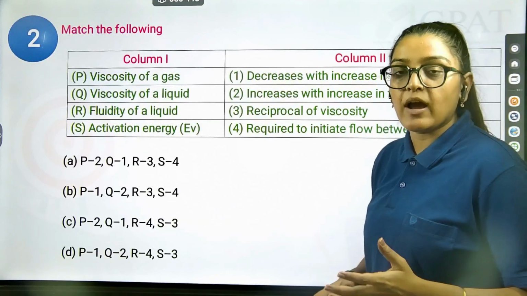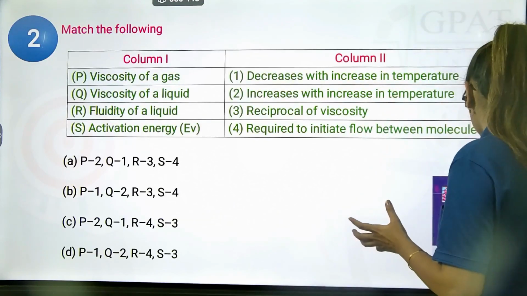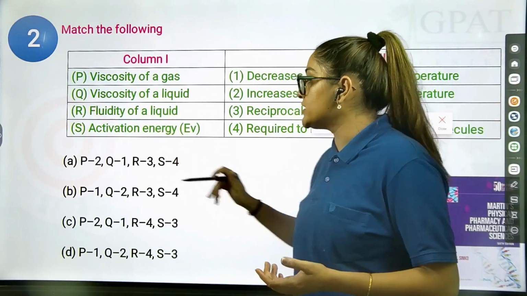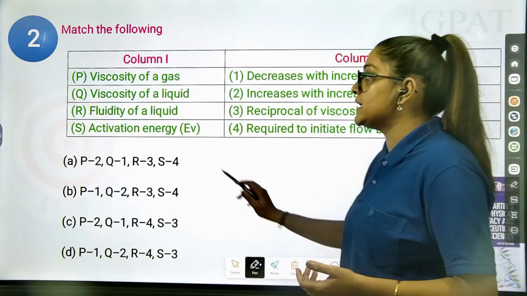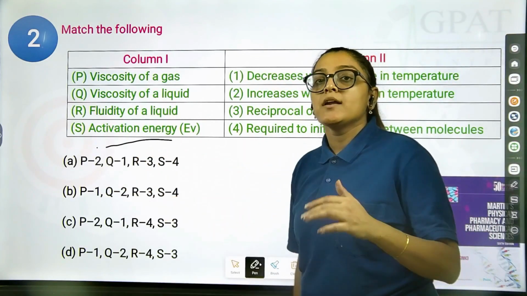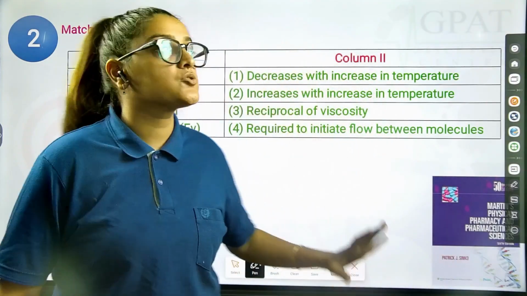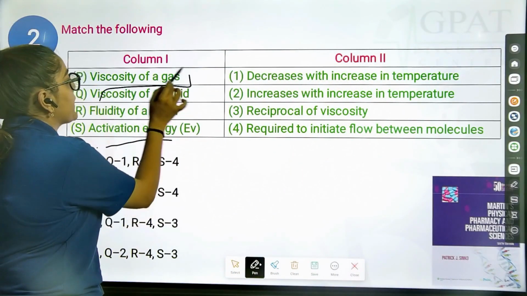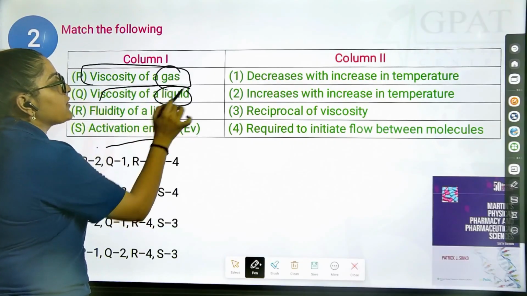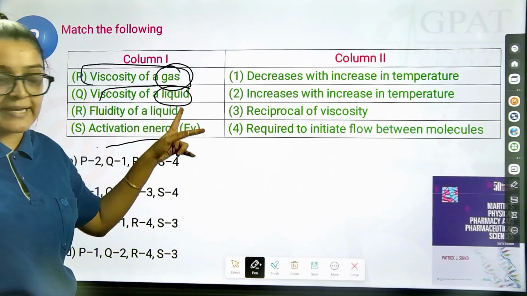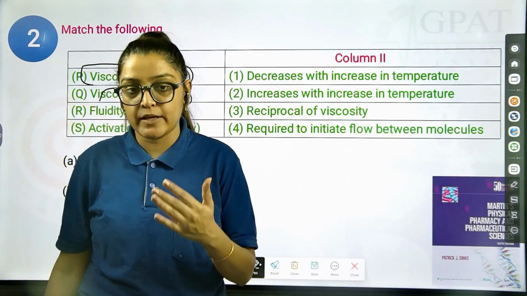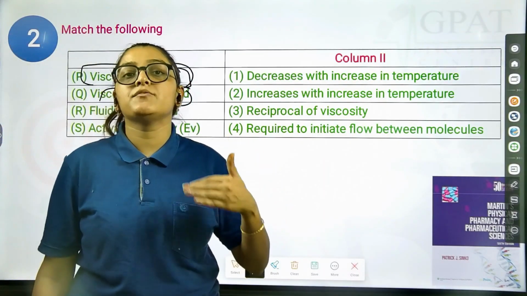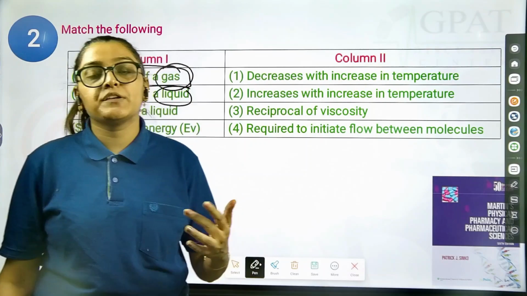Next question, here you have to match the columns with the option number 1 is the viscosity of the gas, then viscosity of the liquid, then fluidity of the liquid and activation energy. Now here the explanation must go on with the right column number 2. So viscosity of a gas. It is very clear that we are using two different states, right? One is gaseous, one is liquid. So based on their particle behavior, nature of the particle, their viscosity may vary with the temperature.